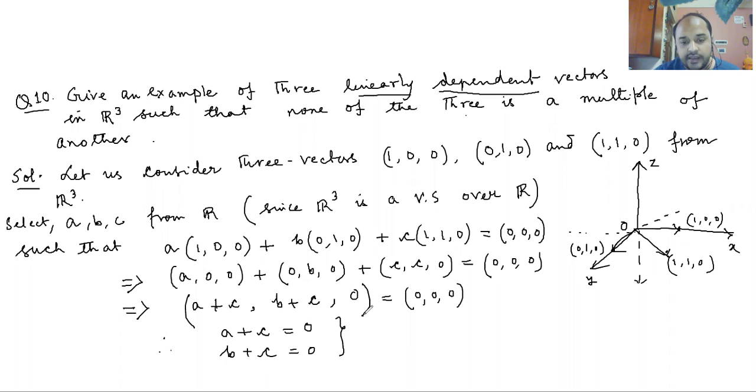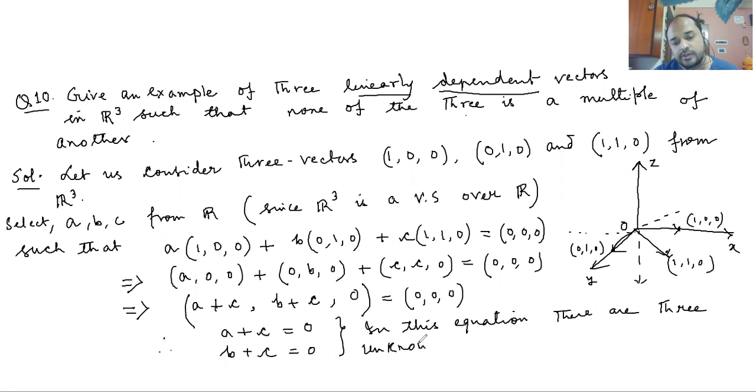Now you see in this system, there are three unknowns and two equations.